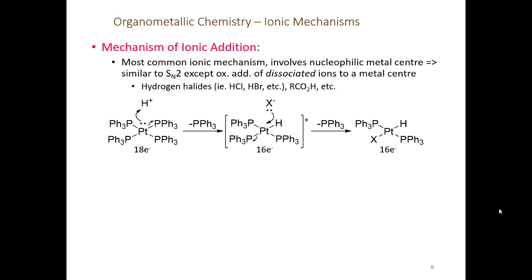So this is common for substrates such as hydrogen halides, HCl, HBr, organic acids such as acetate, etc. And the reason for that is because they readily dissociate in solution. You may notice that for this particular example, you're starting with an 18 electron complex and you end up with a 16 electron complex.